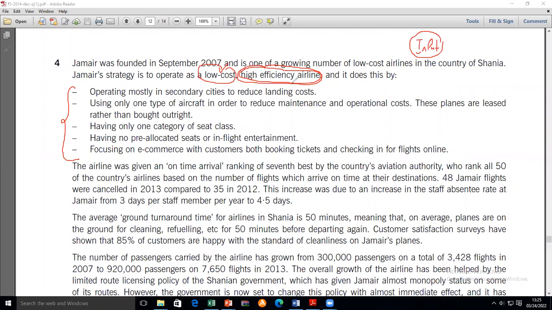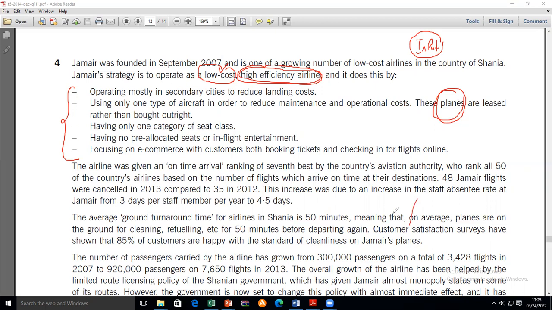What's the biggest resource that we must use efficiently? Are you seeing that? It's the planes. You want to use these planes efficiently. That will help you to reduce your costs.